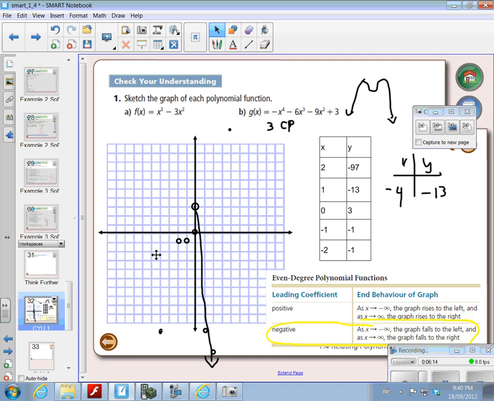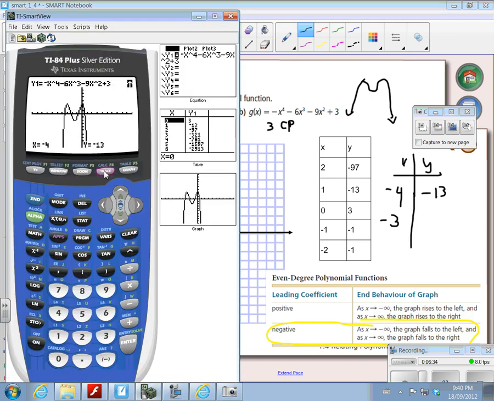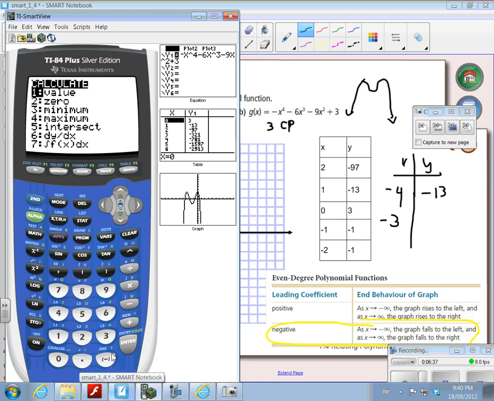It would definitely be helpful if I could get another point around -4, like -3, because I'm not sure how this is going to bounce up. So let's do one more value at -3. At -3, second calculate -3, and we get 3.